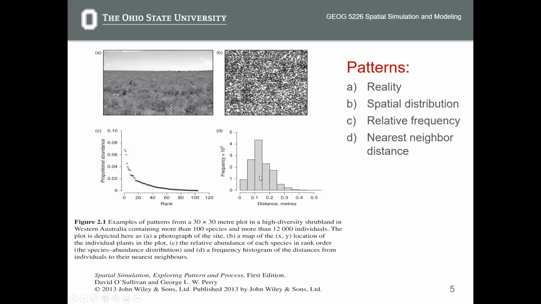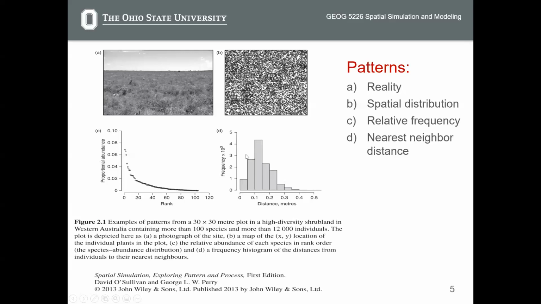It means that most distances fall into the range between 0.1 and 0.15. What does it mean? It means that there is a pattern here in terms of the distance between an individual plant and its nearest neighbor. Most measurements for this nearest distance are somewhere between 0.1 and 0.15.